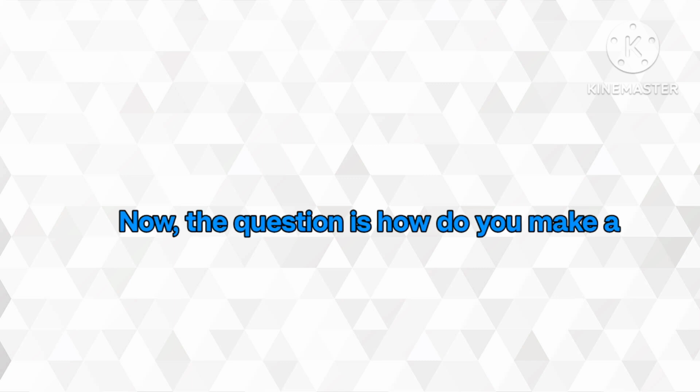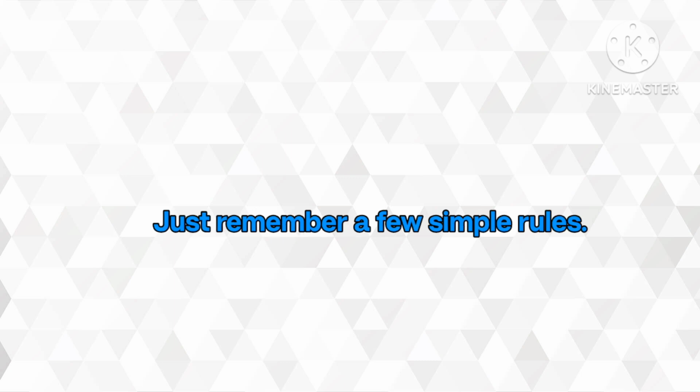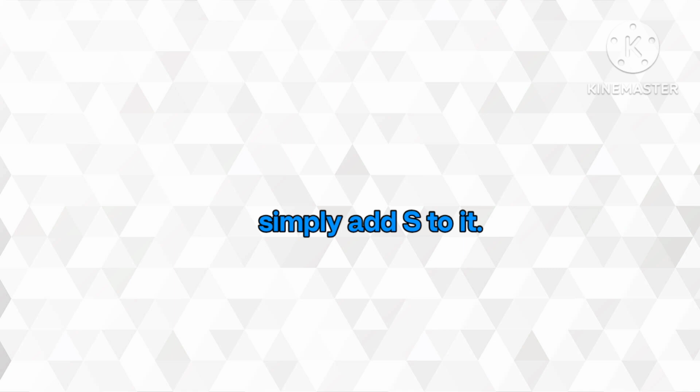Now the question is, how do you make a singular noun plural? Just remember a few simple rules. For any word that ends in a consonant, you simply add s to it. For example, cat, plural form is cats.